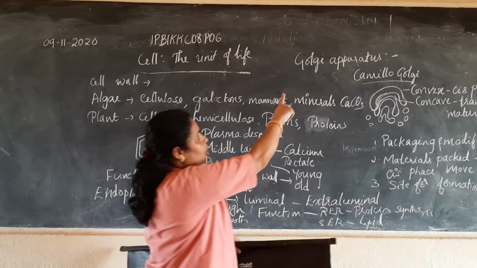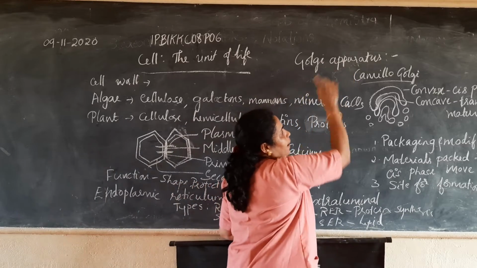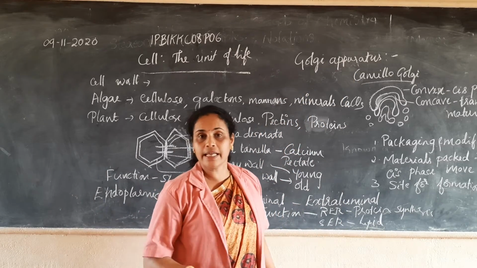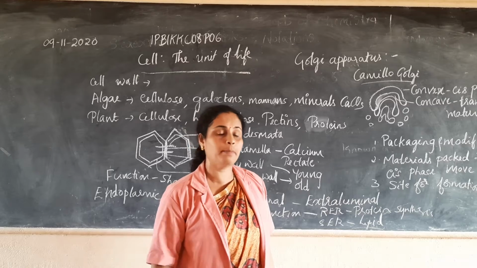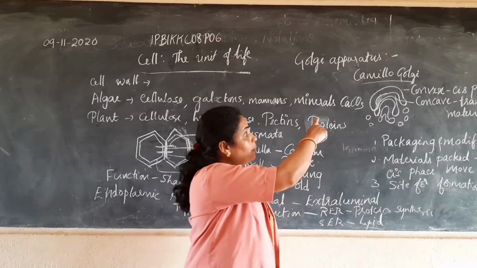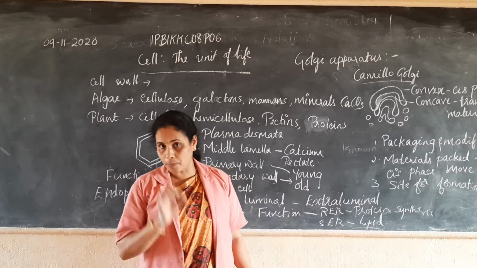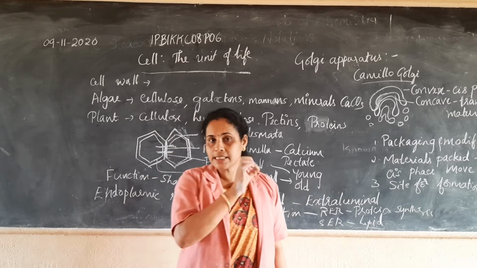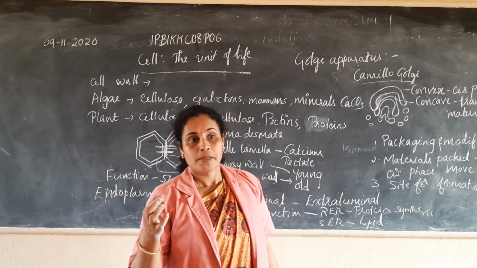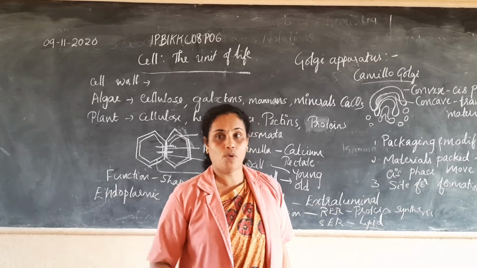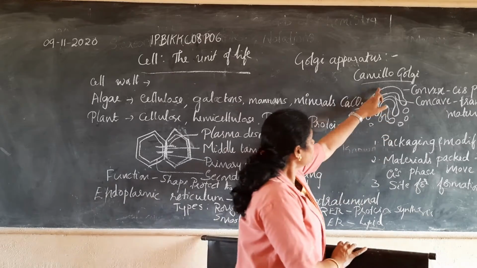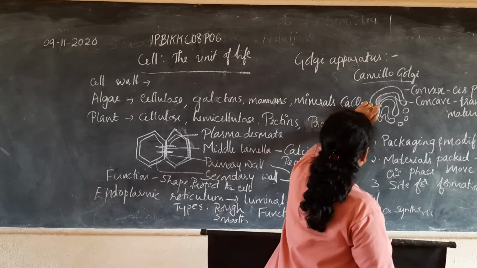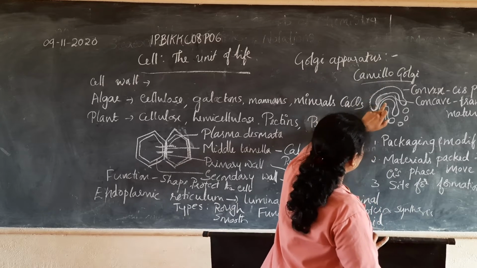The next cell organelle is the Golgi apparatus. As the name itself indicates, it is named after the scientist Camillo Golgi, who observed this structure in the brain cells of an owl.